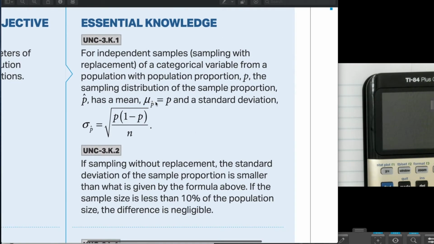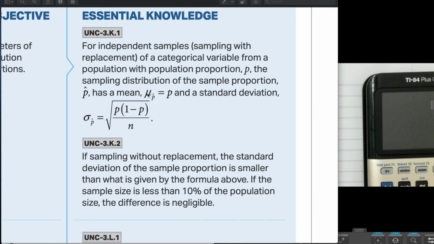Essentially what this is saying, maybe you can pause this and read it, is that the average that we would expect to find of all sample proportions should be equal to the population proportion.